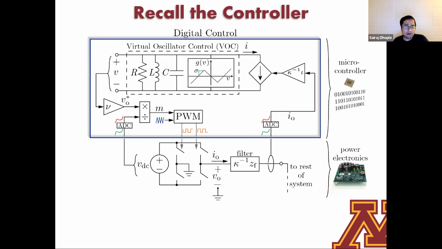I again want to draw your attention to one quantity which we will reference quite frequently, and that's this gain sigma. It's just the slope of this nonlinear function that I have in this particular oscillator.